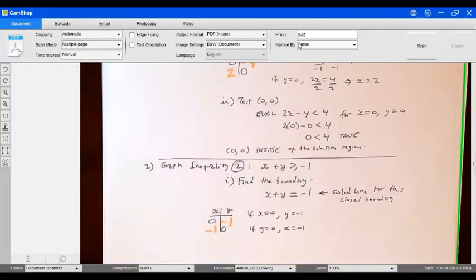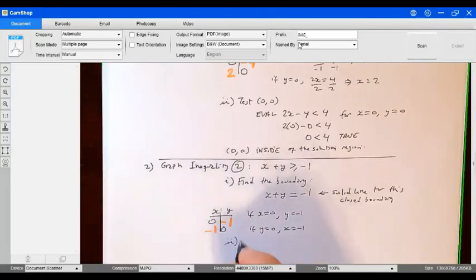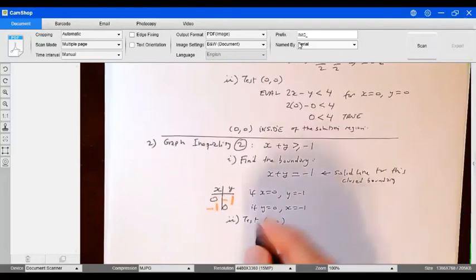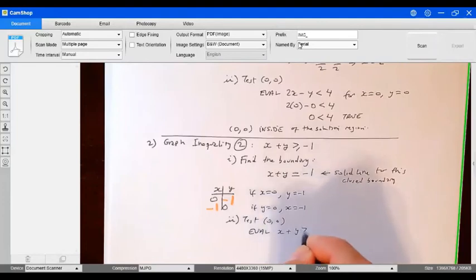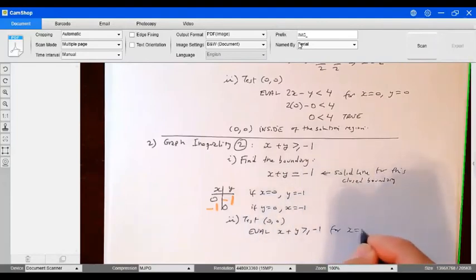Now we have the intercepts for the other boundary. We only need to check the origin for the second inequality. We're going to evaluate the second inequality, x plus y greater than or equal to -1, for x equals 0 and y equals 0.